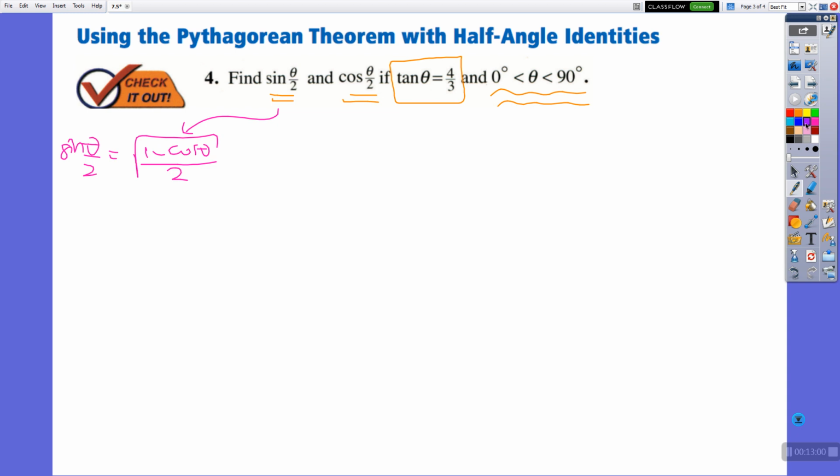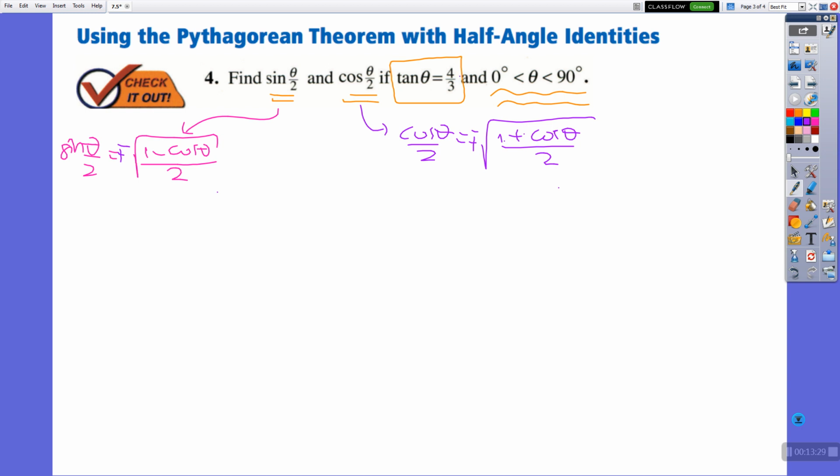Formula for cosine theta over 2 is equal to square root of 1 plus cosine theta over 2. Depending on the quadrant of theta over 2, the sign changes. So as you see, in both of the formulas, we need cosine theta.